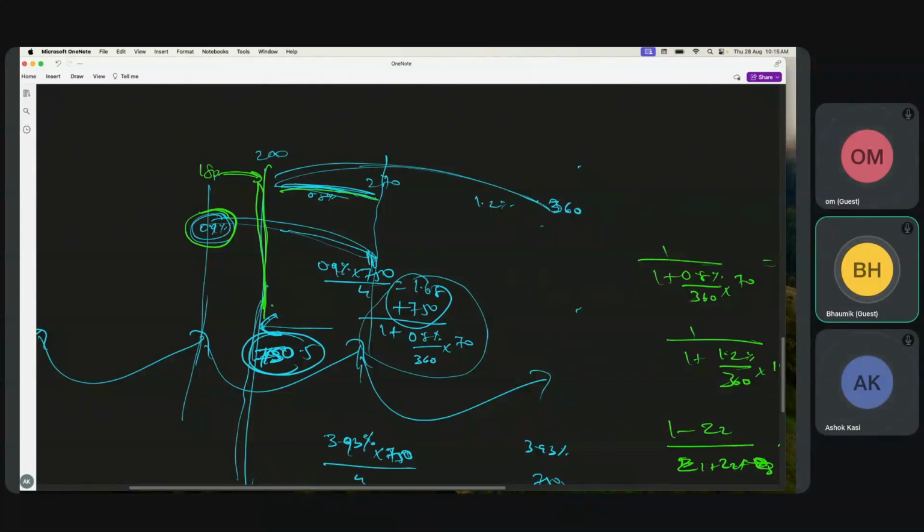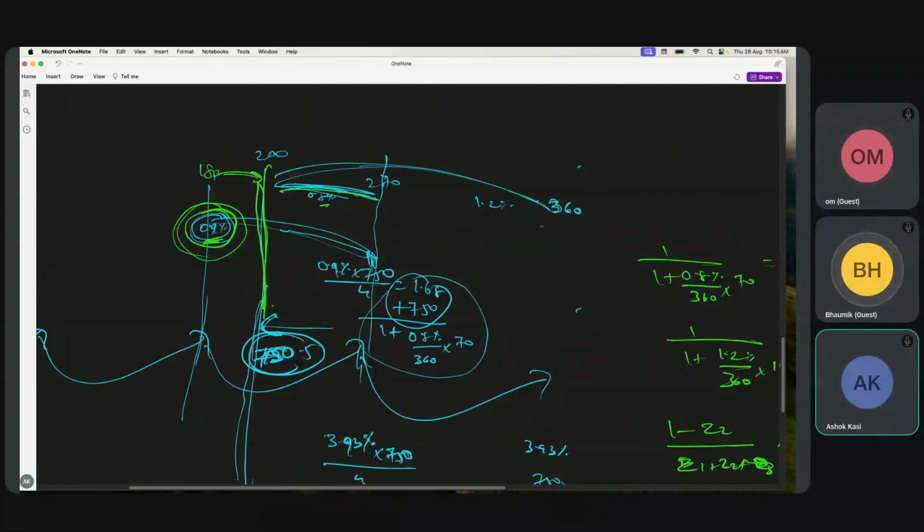Okay. Got it. You understood the problem. See, why your answer may come approximately the same is because this is 0.9 and this is 0.8. It's all very close numbers. But the method that you are doing is wrong. Because this number has to influence the calculation.